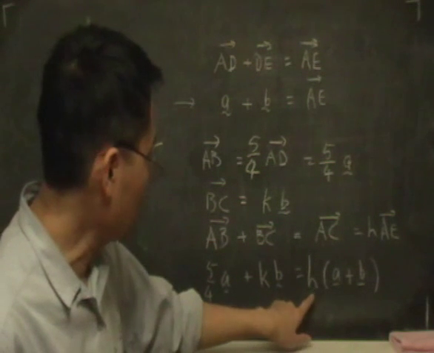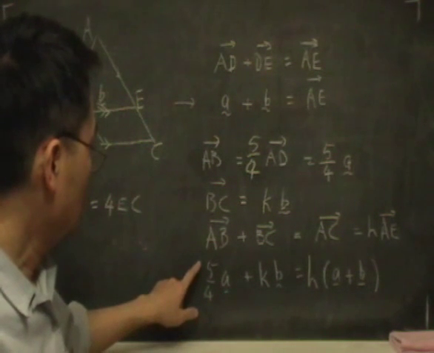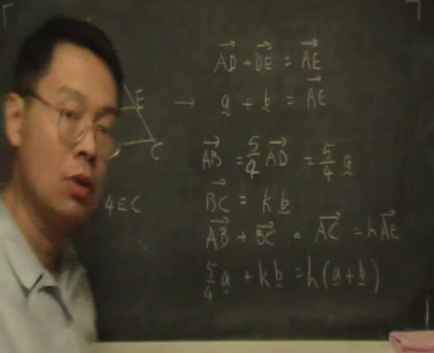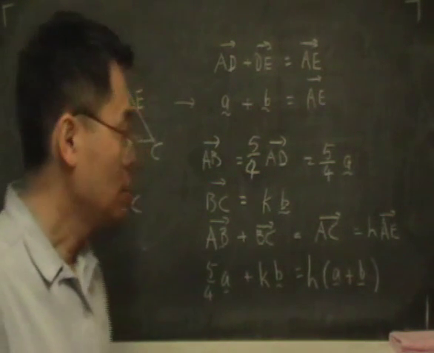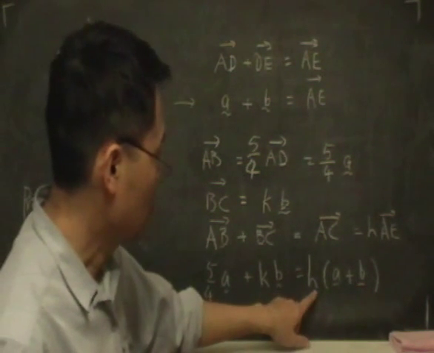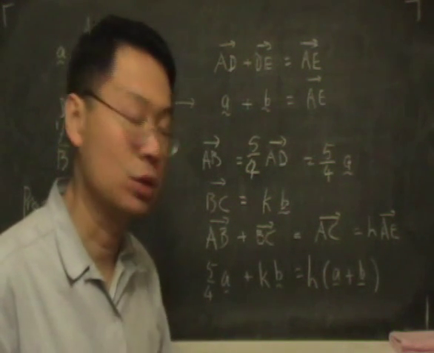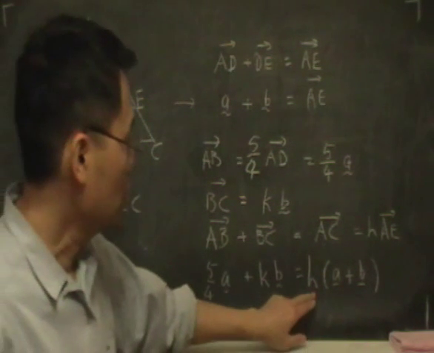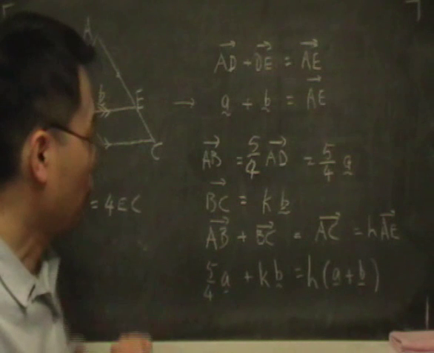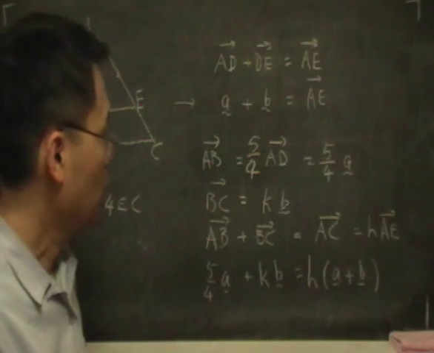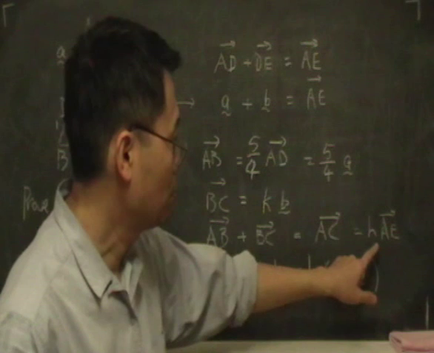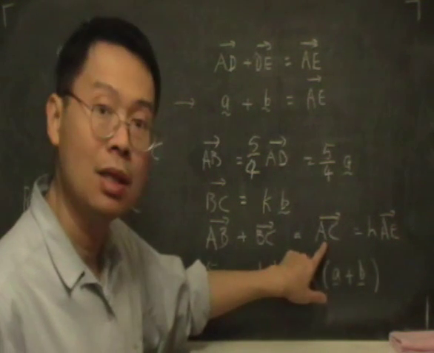So that means that h must be equal to 5 over 4. So that gives us immediately the answer for h. And if we know that h is actually 5 over 4, we will be able to put it in there to find AC.